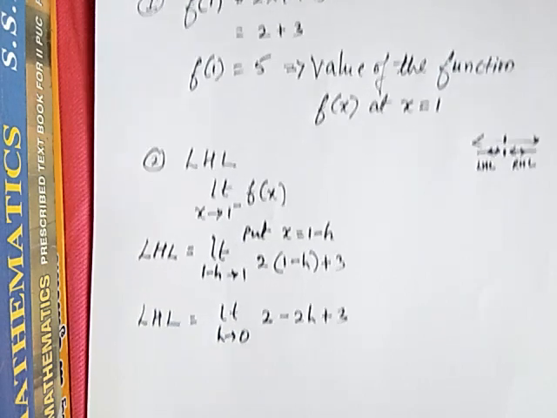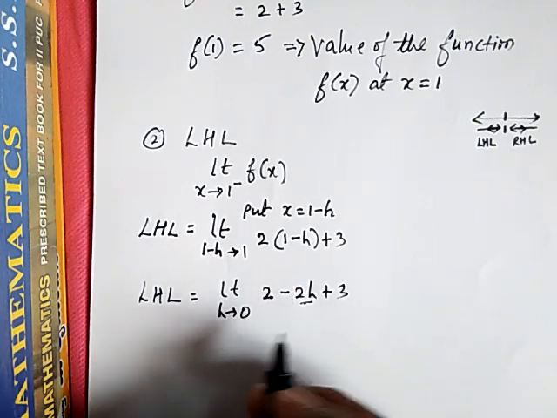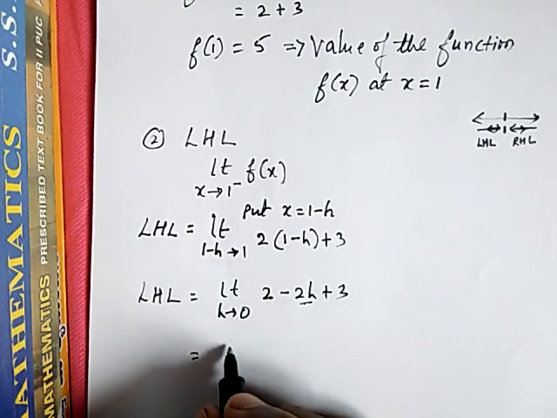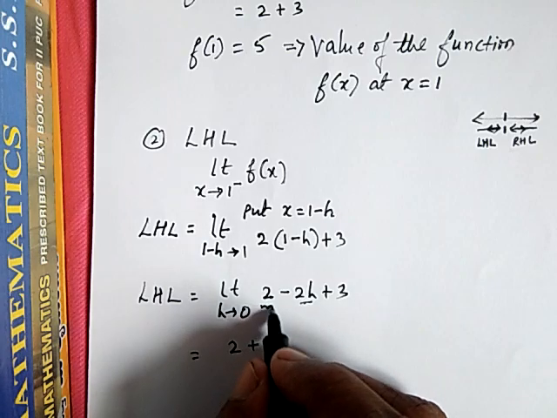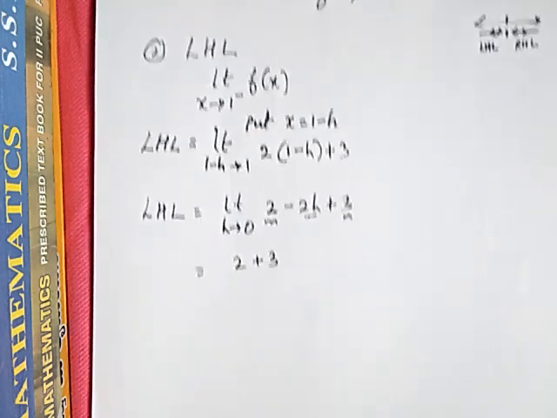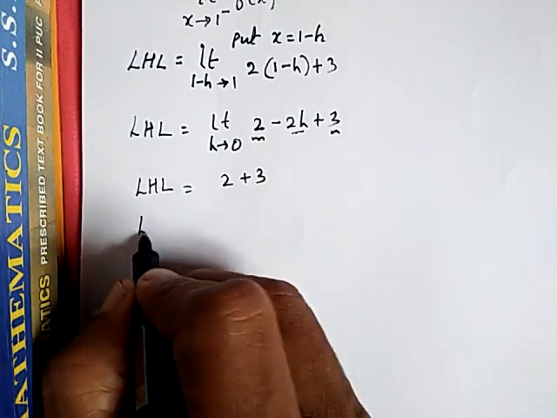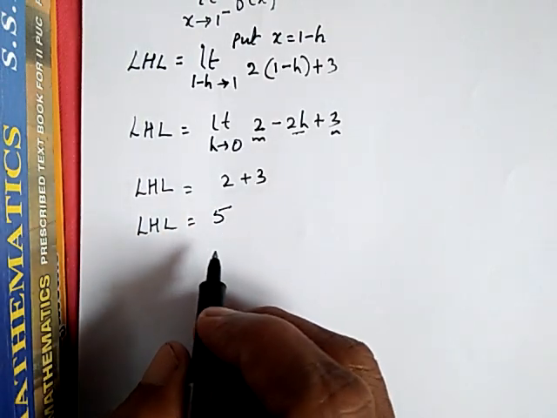So after substituting h tends to 0 here, this term will become 0 and it will remain 2 plus 3 only. So 2 plus 3 is equal to 5. So LHL, left hand limit, is equal to 5. This is your LHL.